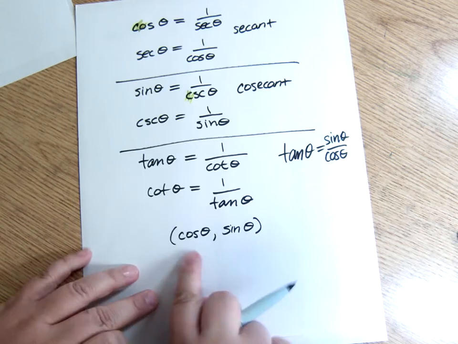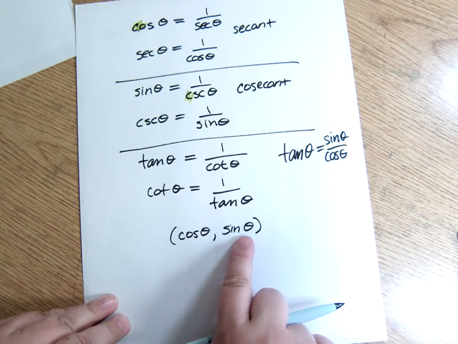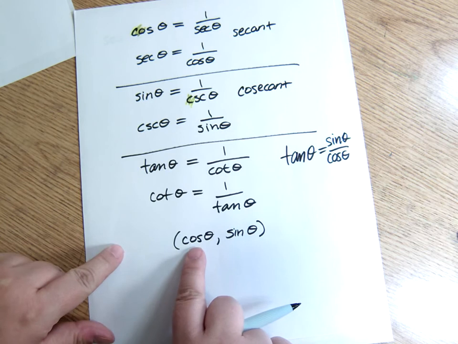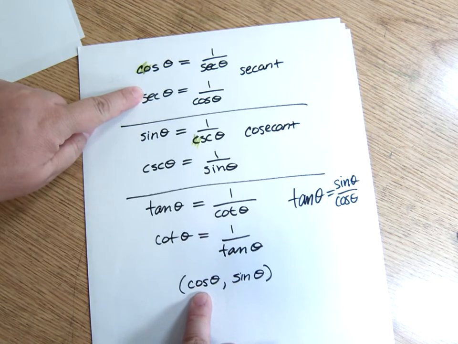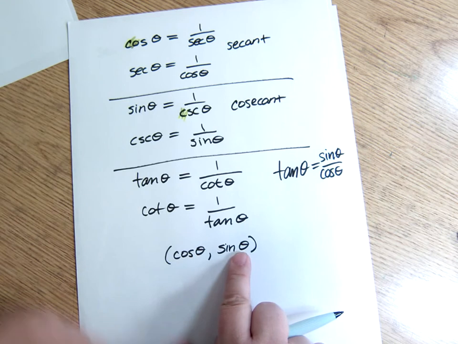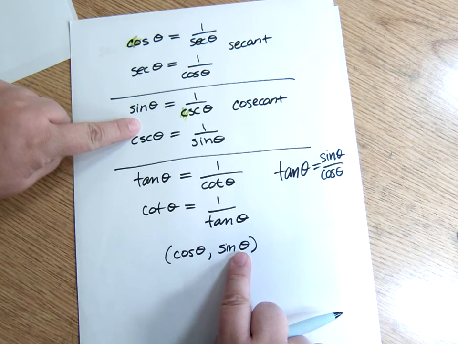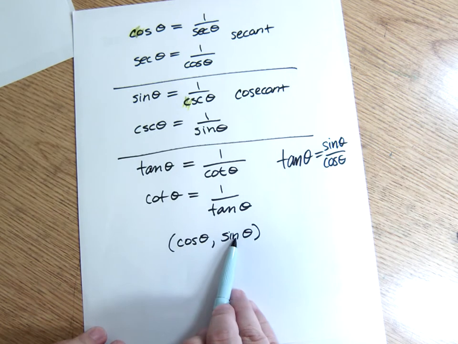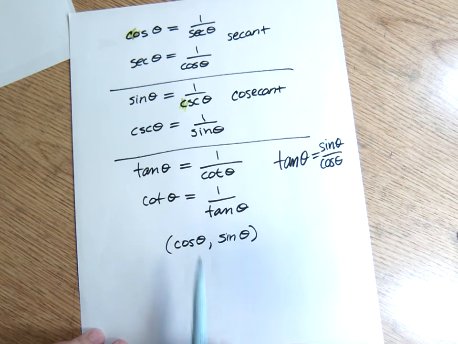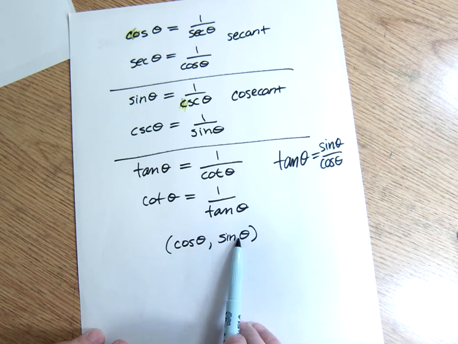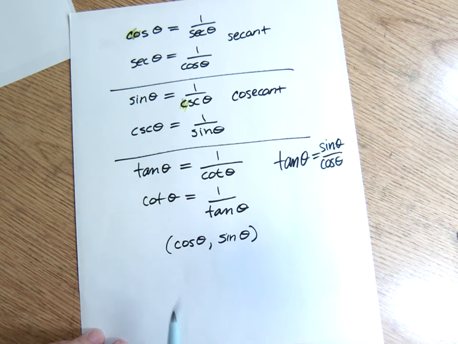So if I know the coordinates, then I know the cosine, I know the sine. I can take this, flip it upside down, and that gives me the secant. Take this, flip it upside down, that gives me the cosecant. I can take the sine and put it over the cosine, and that gives me the tangent.